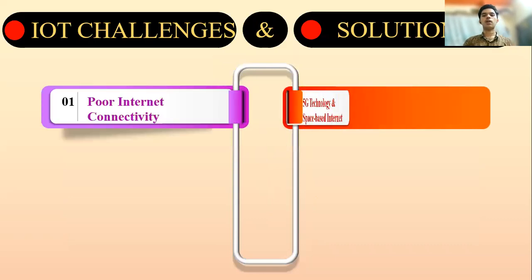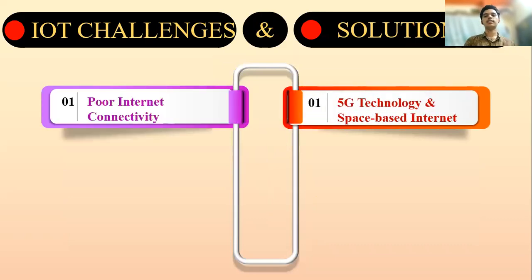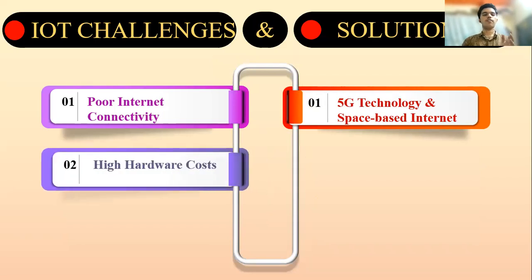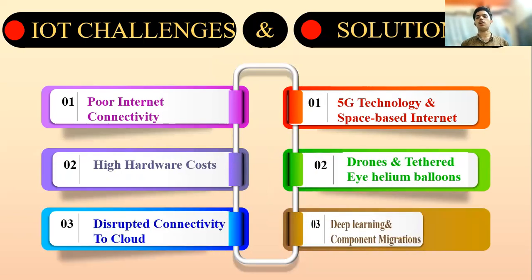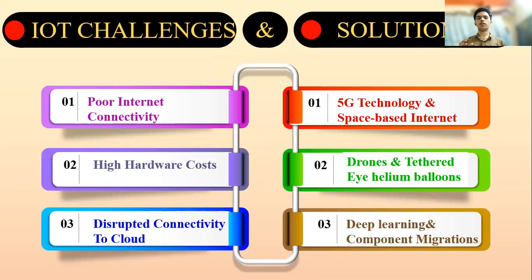Next, we are going to discuss the challenges faced in implementing IoT and their solutions. The first challenge here is poor internet connectivity. We know that many of our Indian villages are away from net connectivity or have poor net connectivity.